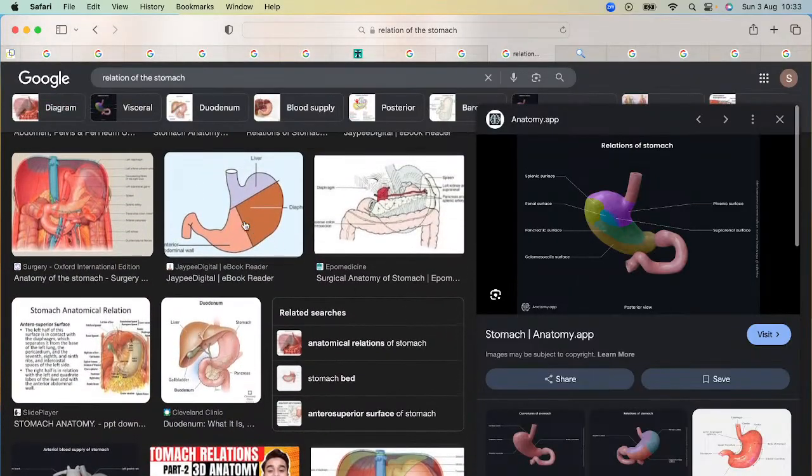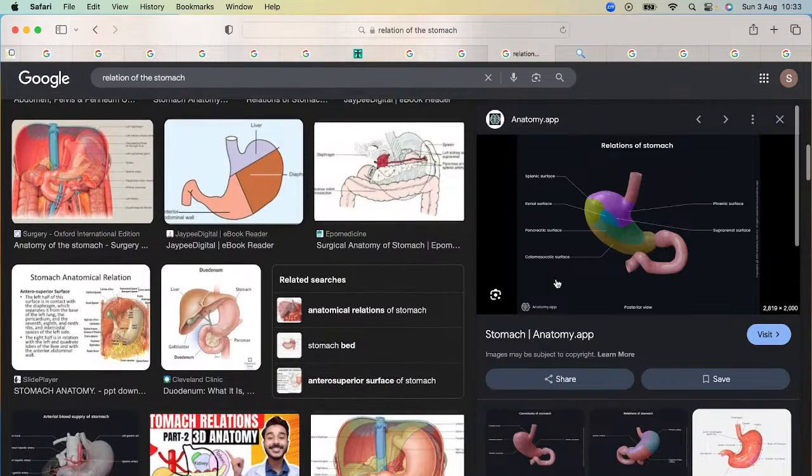Okay, so this is the anterior wall of the stomach. We have the liver, we have the diaphragm, and the anterior abdominal wall. So this is the anterior region, and then if you look posteriorly, we have the spleen, the kidneys, the pancreas, and the colon mesocolic surface, the adrenal gland, and the diaphragm.